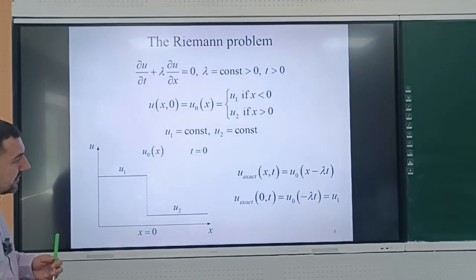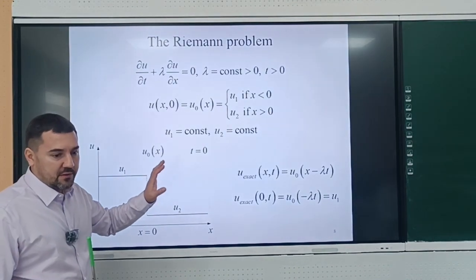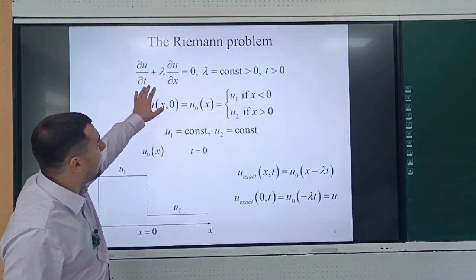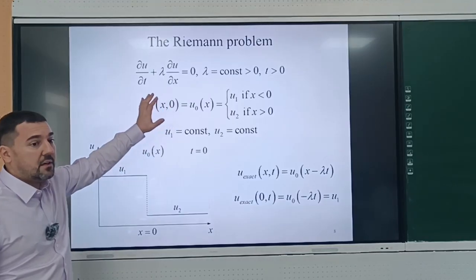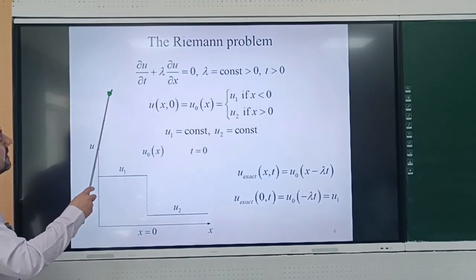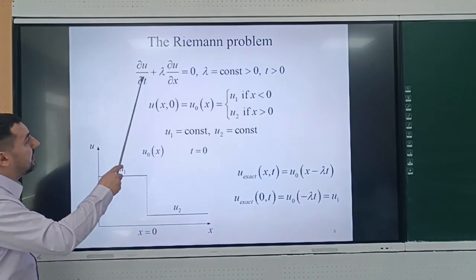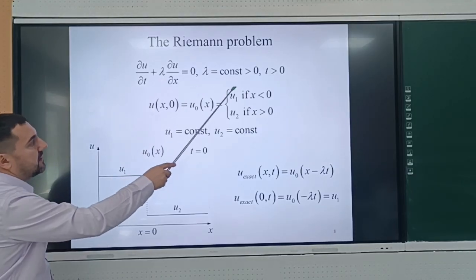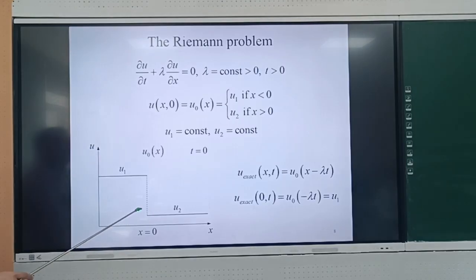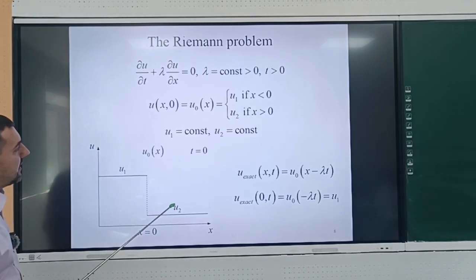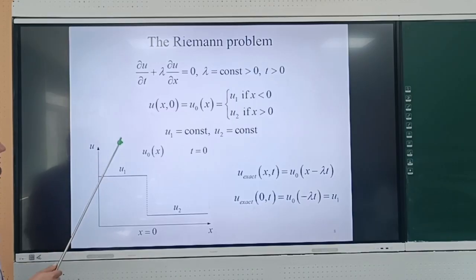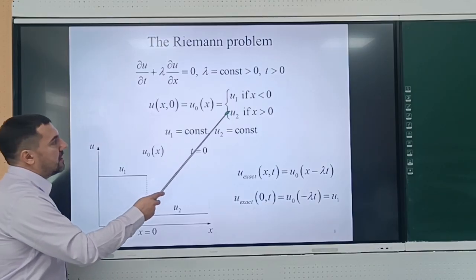What does it mean? Now just forget about the numerical solution. Let's just analyze our differential problem. Consider our linear advection equation, du/dt plus lambda du/dx equals 0, for lambda, for example, greater than 0. Let's solve this Cauchy problem, or initial value problem, with a discontinuity in the initial solution.